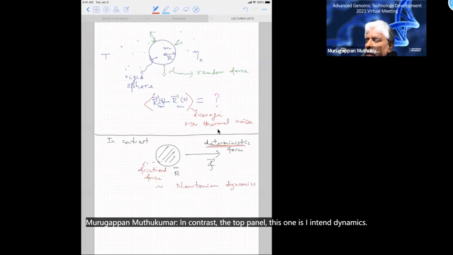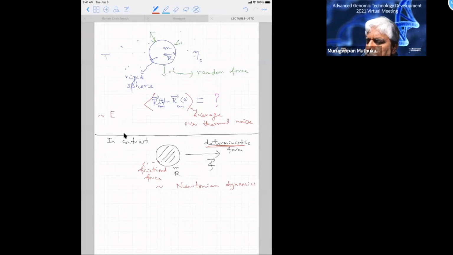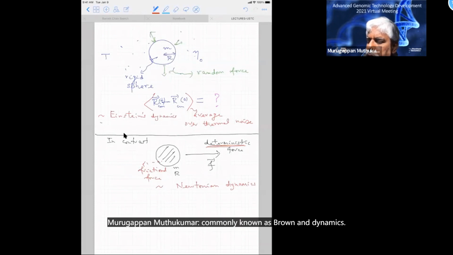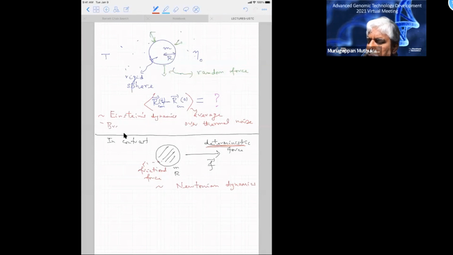In contrast, the top panel, this one, is Einstein dynamics, commonly known as Brownian dynamics.